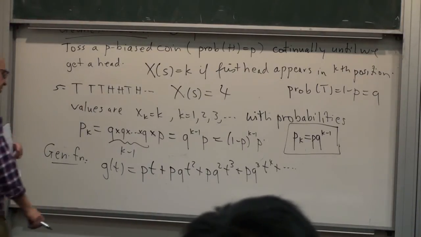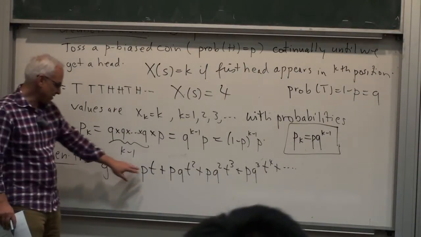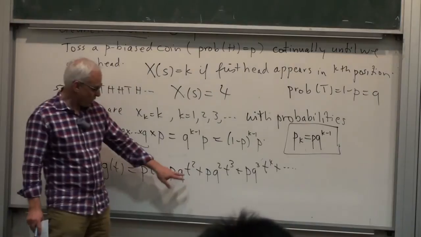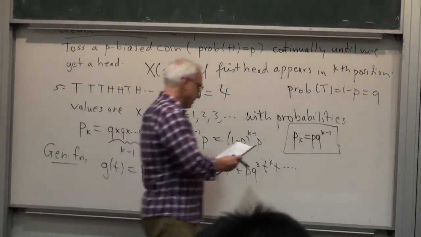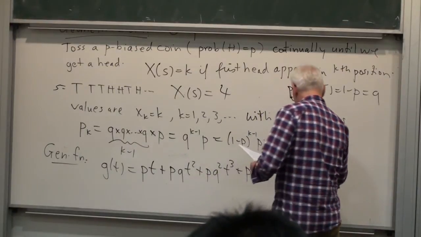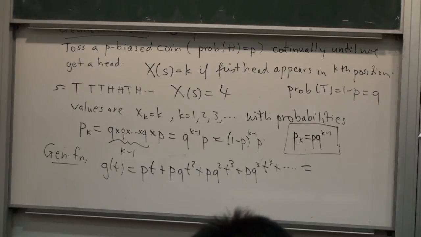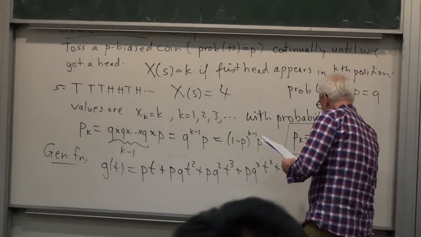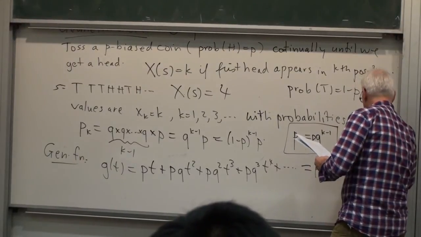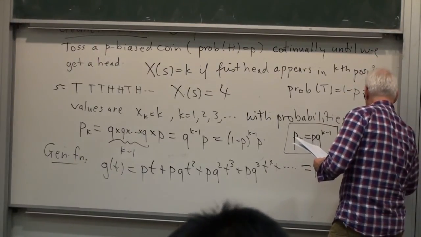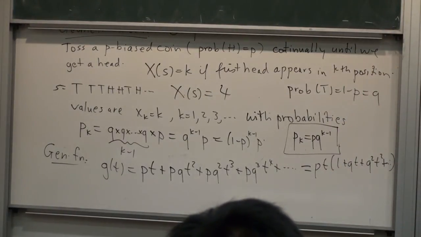All right, fortunately this is a geometric series more or less. You can kind of see that there's a constant term p, and then it's more or less powers of q times t. So if we write it out as a geometric series, we could write it as p times t, and then 1 plus qt plus q squared t squared, and so on. That makes it obvious it's a geometric series if we pull out that pt.